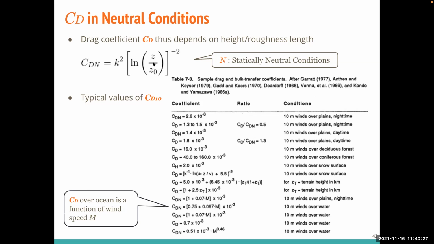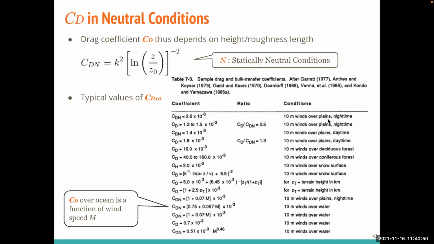So it could depend on height or the roughness length. Z0 is the roughness length. So this is how you include the roughness into this drag coefficient.